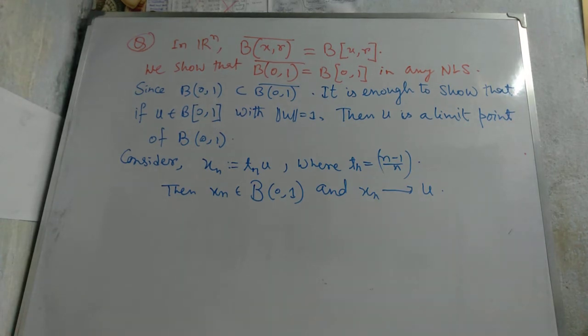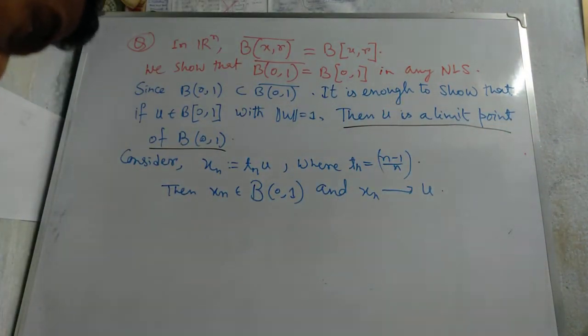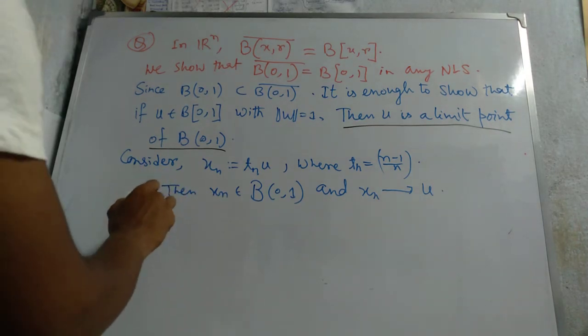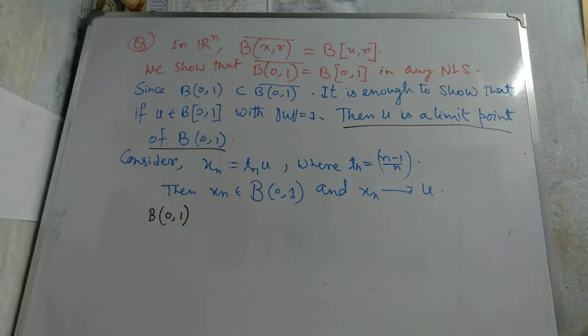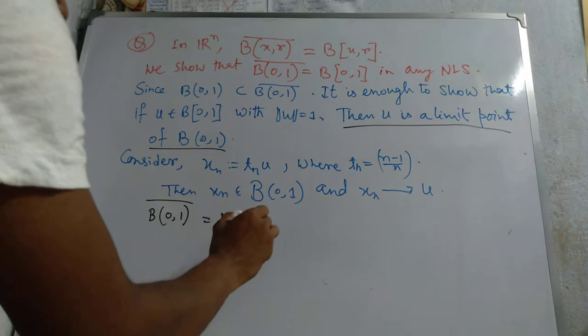So what we get is that u is a limit point of B(0, 1). So x_n equals t_n u, x_n converges to u, and this belongs to B(0, 1). So we showed that u is a limit point of B(0, 1), and then our proof is done. That means the closure of B(0, 1) equals B̄(0, 1).